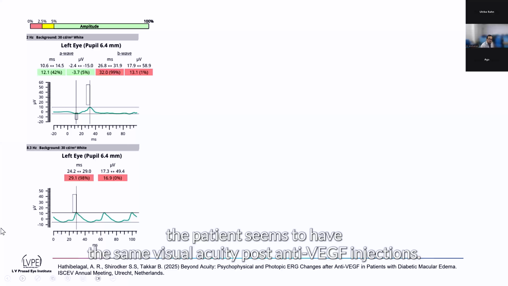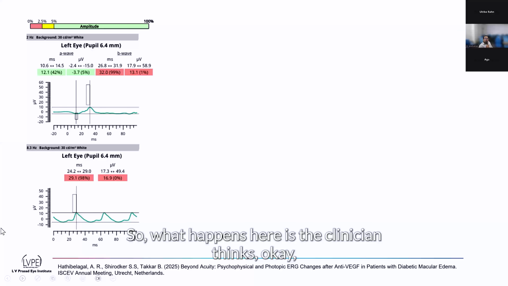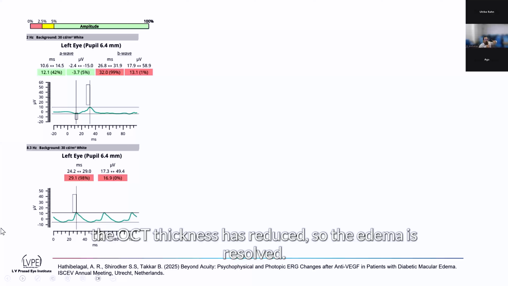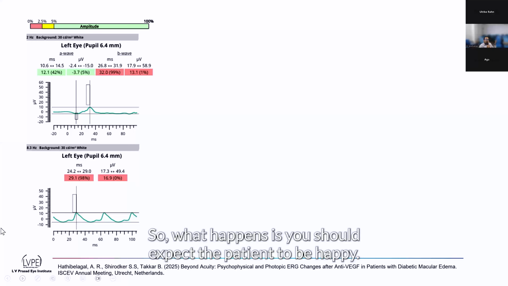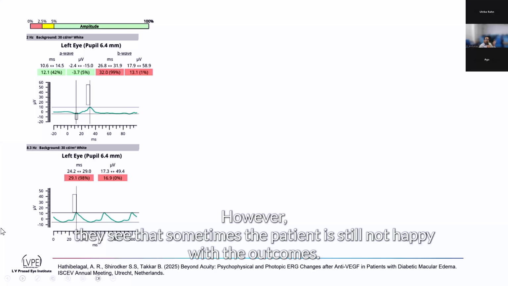The clinician thinks, okay, the OCT thickness has reduced, so the edema is resolved, and you should expect the patient to be happy. However, sometimes the patient is still not happy with the outcomes.